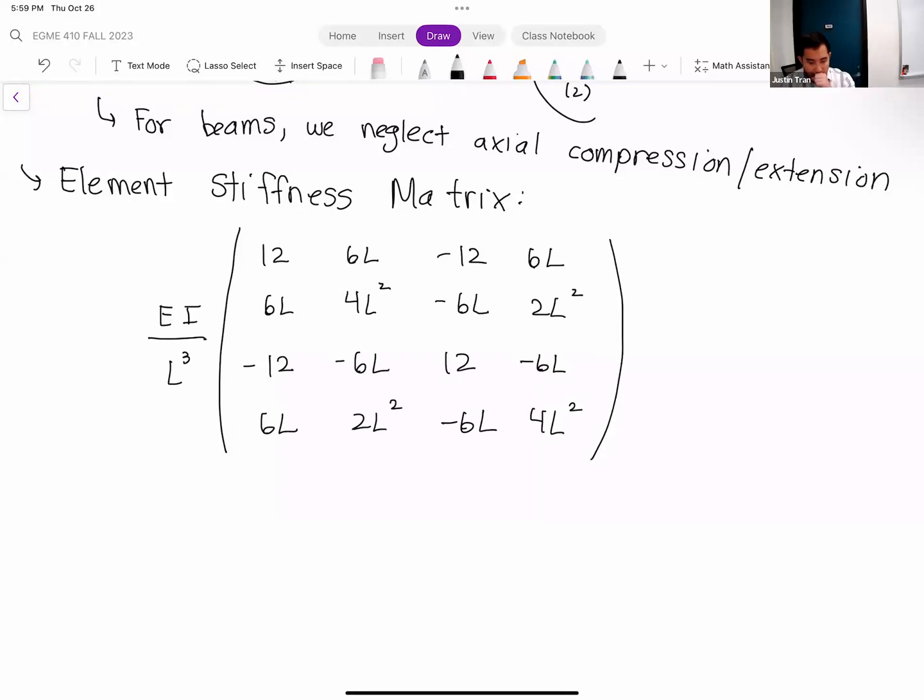So definitely keep this handy in your notes, because it's a lot to memorize otherwise.